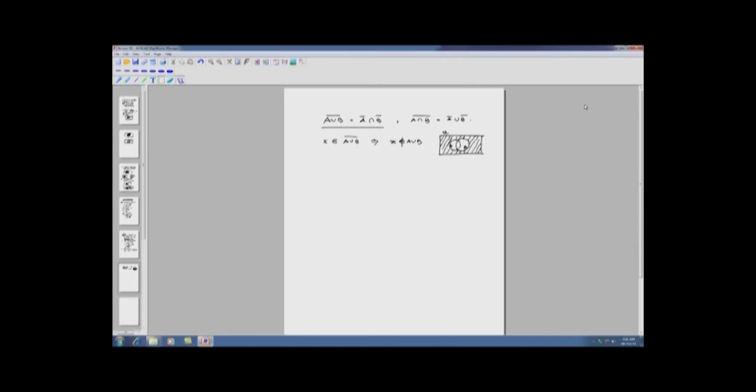But what does it mean? It means that x cannot be inside A, neither can x be inside B. Therefore, this means that x is not in A and x is not in B. Now, we know that if somebody tells me that x is not in A, this means definitely x is inside A complement, and x not in B means definitely x is inside B complement.